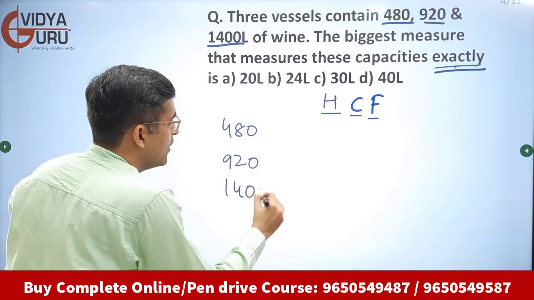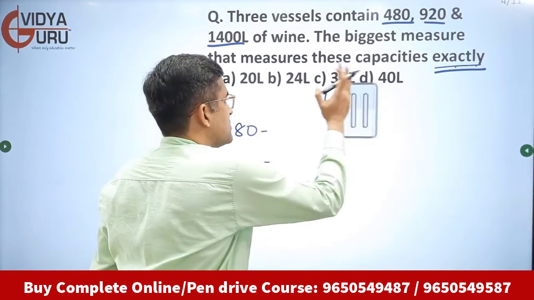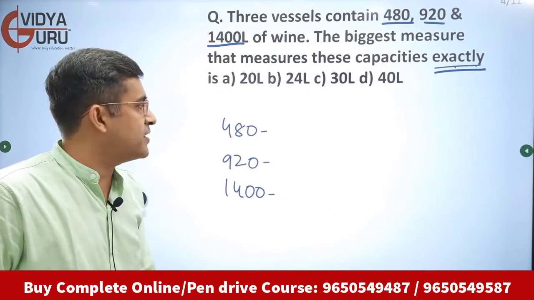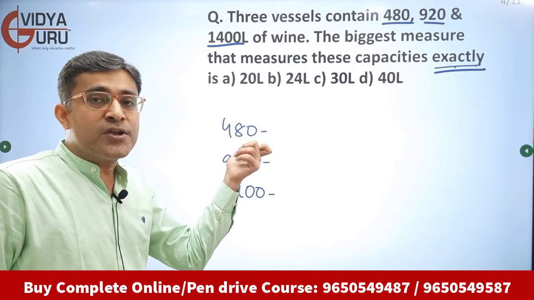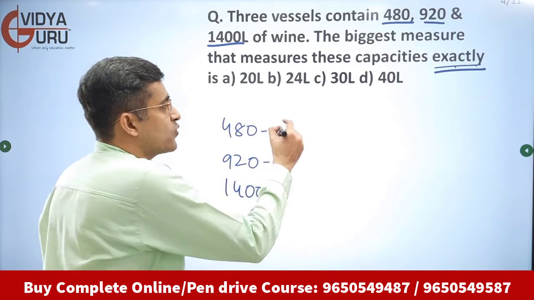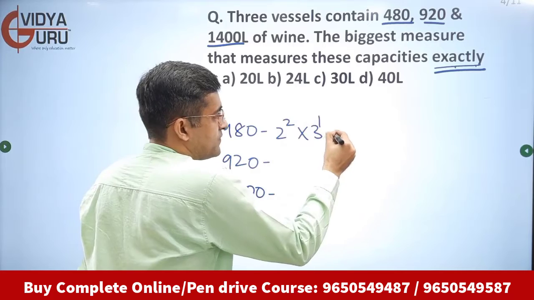We have to now find out the HCF of these numbers. So let's again do the same thing. Let's look at prime factorization now. Sure. What comes to my mind when I look at 480? I think of 12 fours are 48. So 12 is 2 square, 4, 4 threes are 12.